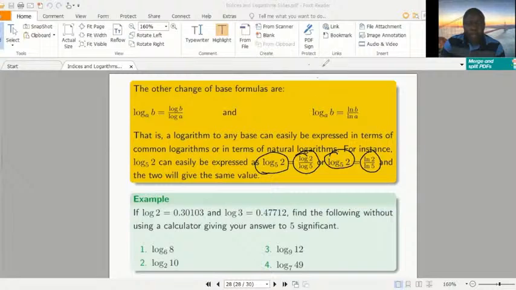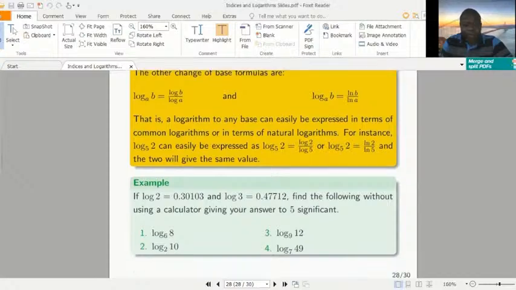You see, we've answered this example before, but I just want to use this knowledge that I've introduced here. If I'm given this, I can write it in a very simple way, that it will be log of 8 over log of 6.